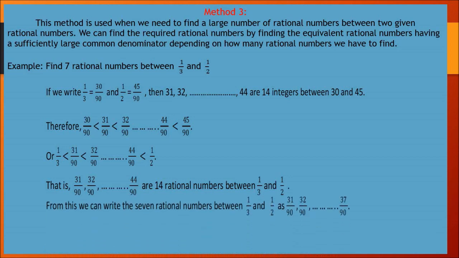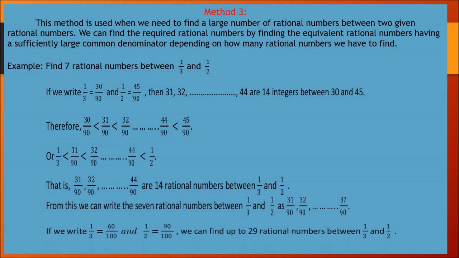From this we can write the 7 rational numbers between 1/3 and 1/2 as 31/90, 32/90, up to 37/90. We need to write only 7 rational numbers for this question.